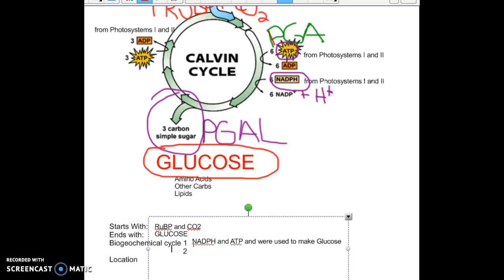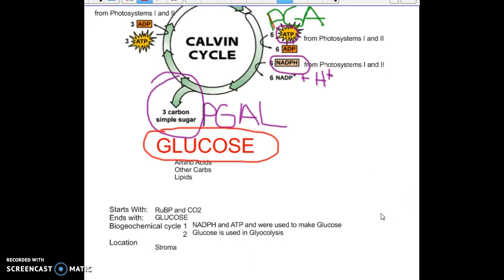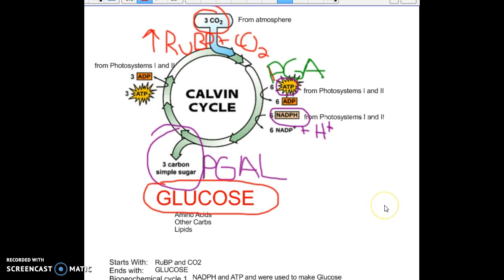Second, glucose is going to be used in the next step, which is called glycolysis. So lysis means the breaking of, and it refers to glycogen or glucose, and so it's the breaking of glucose down. And this is happening inside the stroma. So the stroma, remember, is just the cytoplasm-like substance inside the chloroplast.